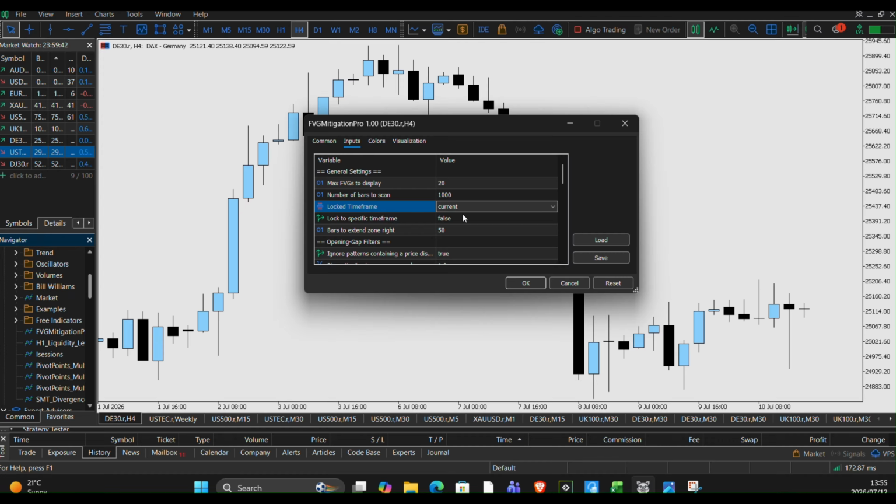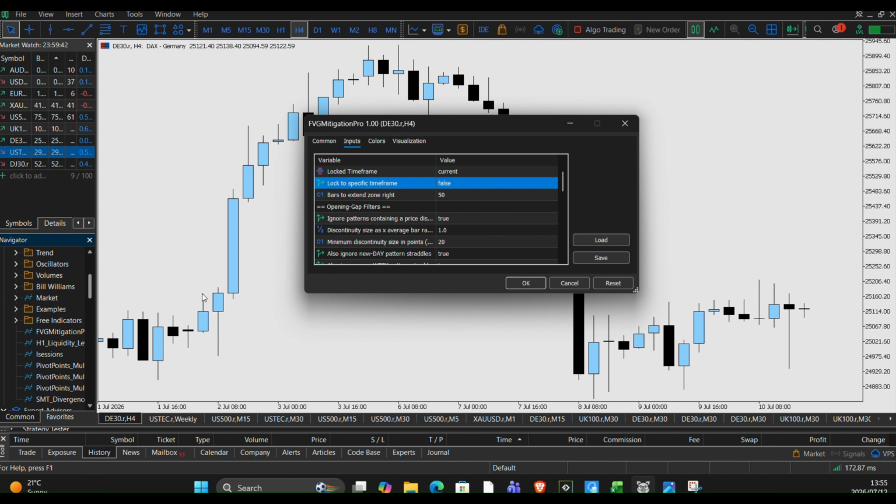So when you don't want it to be locked to one time frame, you keep it as false. We'll leave it as false for now, just to show you how that works, and then we'll move from there. The bars to extend right is how far the fair value gaps are shown on your screen. Mine always stays at 50. If you don't want them to extend too far, you can have them a lot lower.